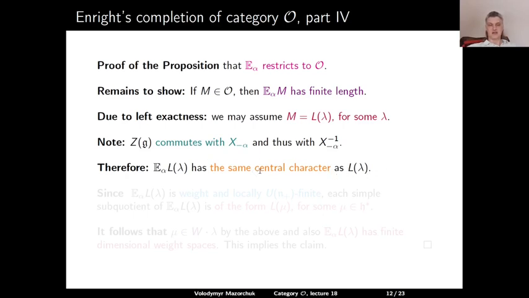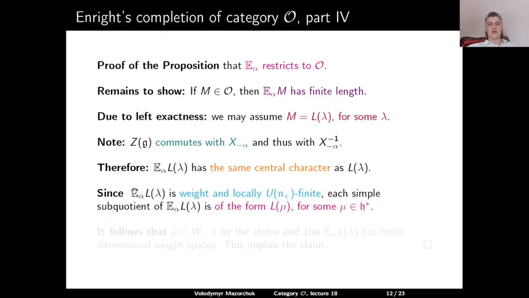So the action of the center on the Enright's completion is the same as on the original module. In other words, if some element of the center kills the original module, it also kills the Enright's completion of the module. So since the Enright's completion is a weight module and it is locally U(n plus) finite, each simple subquotient of this module is of the form L mu, where mu is a weight.